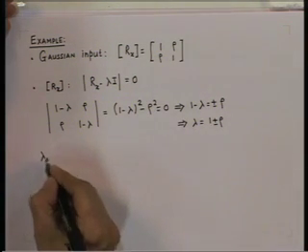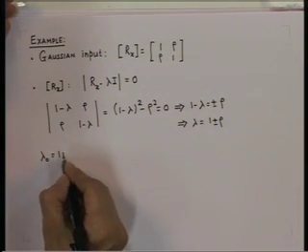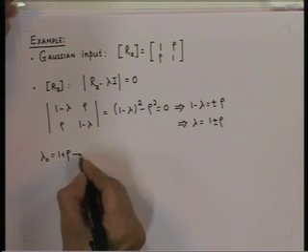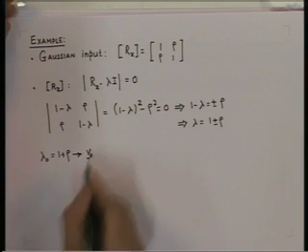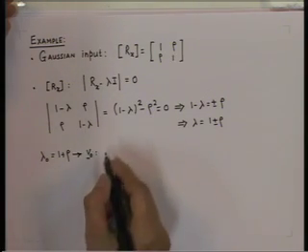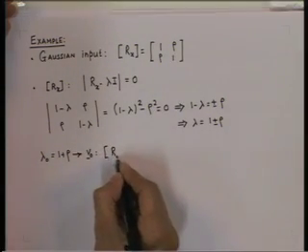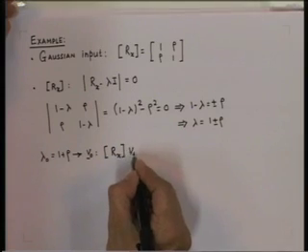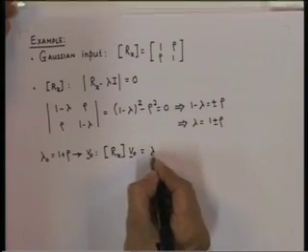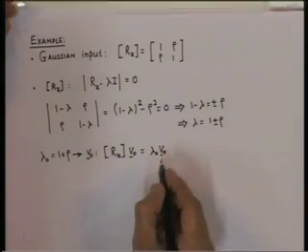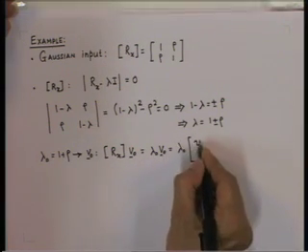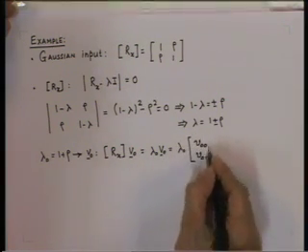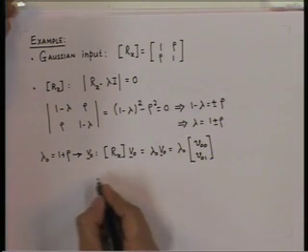So, for the eigenvalue given by 1 plus rho, we can obtain the corresponding eigenvector V 0 as follows.